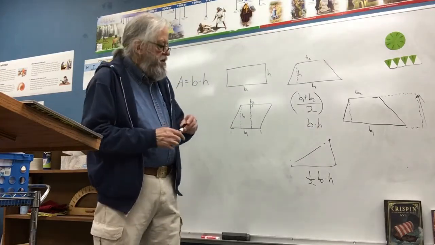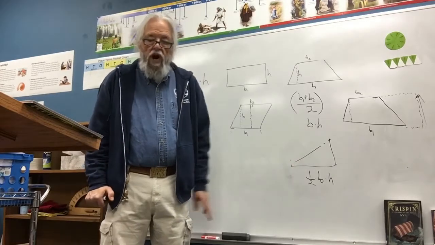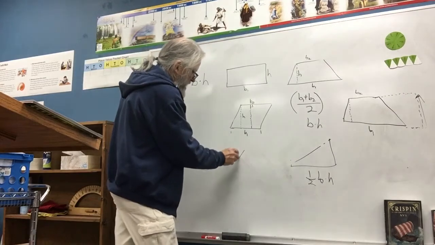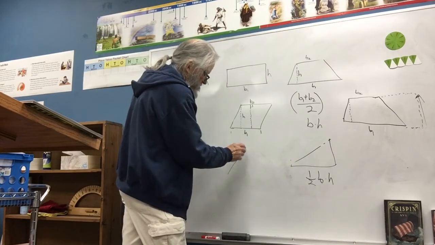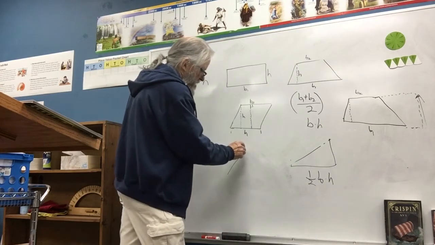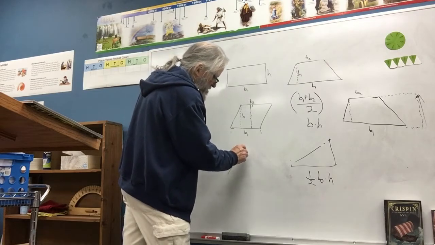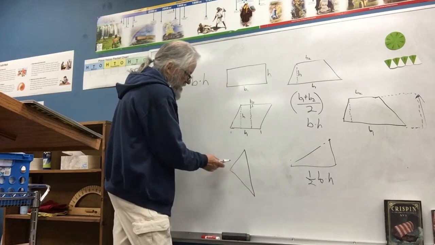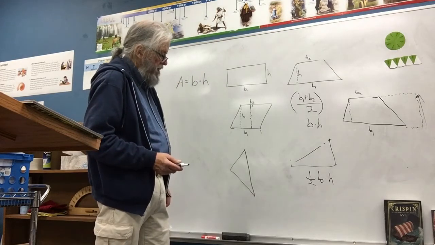Now the examples look like it's all going to be right triangles. It doesn't, okay? If you had a triangle that was like this, okay?